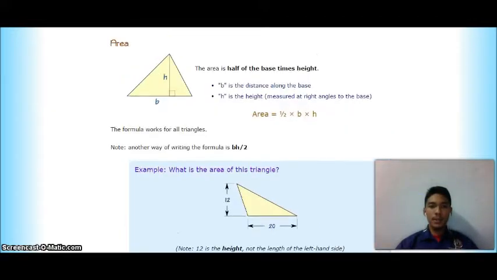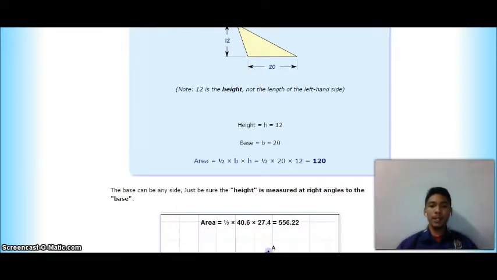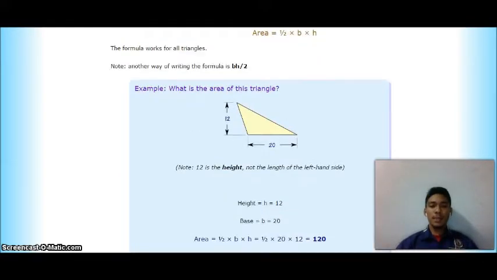We move back to the equation: area of triangle equals half times base times height. The base is 20 and the height is 12. So you just put the values into the equation, and you get half times 20 times 12 equals 120. It's just as simple as that.